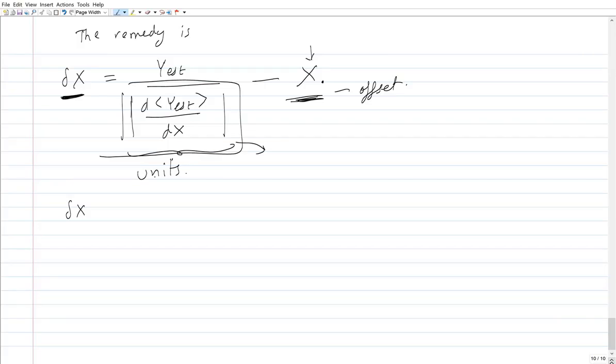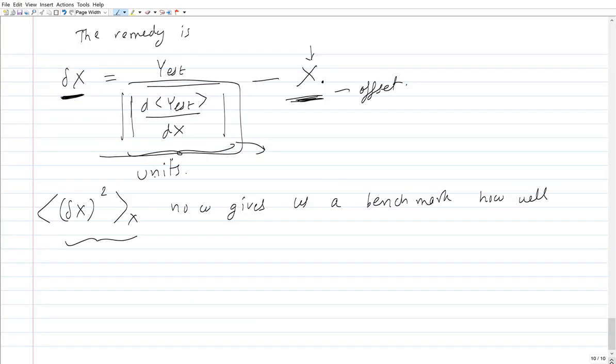So what do I do now? I'll be interested in the variance of this quantity instead of my original variance of y estimate, and this is going to give me a way to benchmark how well we have carried out the estimation process.